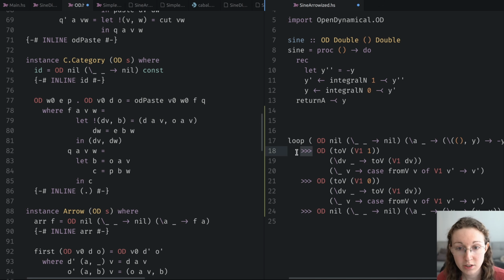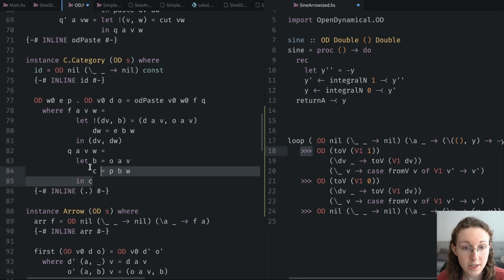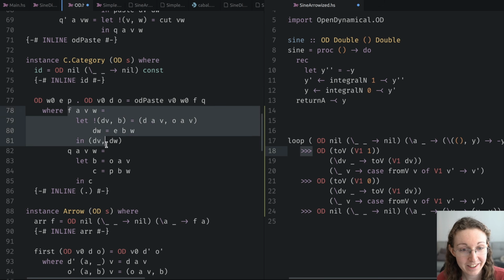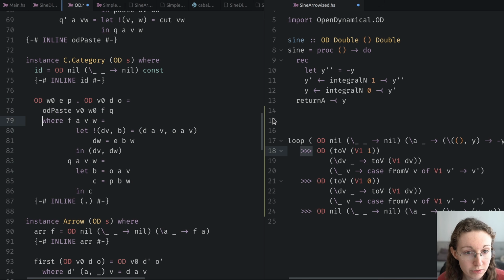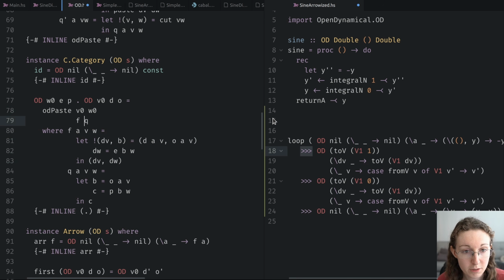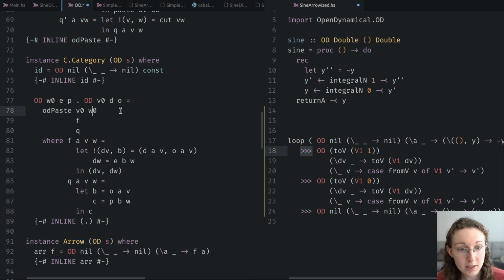And the definition of this forward composition operator is actually just a flipped version of dot here. This is the actual definition right here. And once again, we've got some big, complicated right-hand sides here. And we have these where bindings. So once again, let's just move these definitions inline, turn them into lambdas to make this a little bit easier to follow.